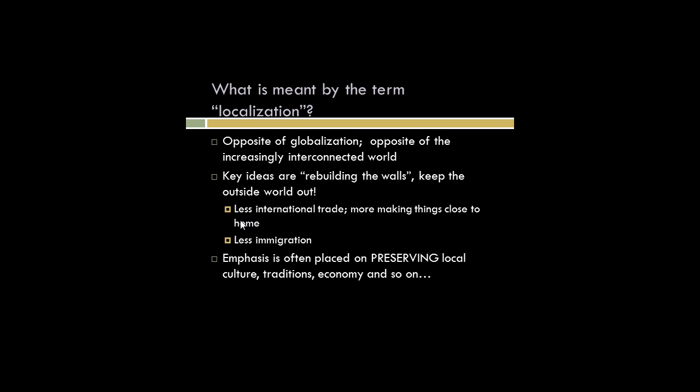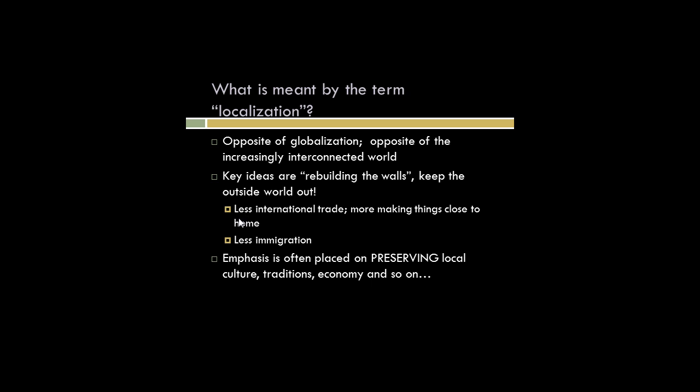There are a lot of people in the world who think that the current regime of international trade has winners, but it also has a lot of losers. Some people lose their jobs. For example, when a factory closes in Wisconsin and reopens in Mexico. If we had less international trade, so the thinking goes, then we'd be more likely to make things here in the United States, here in Wisconsin.